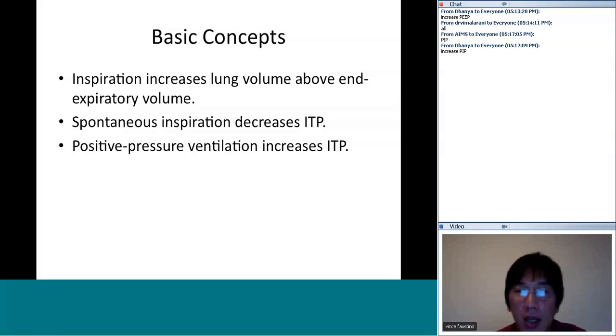To a certain extent, that's what positive pressure ventilation does. It rams air into your lungs so that your diaphragm goes down because of that, and the intrathoracic pressure goes up rather than going down.